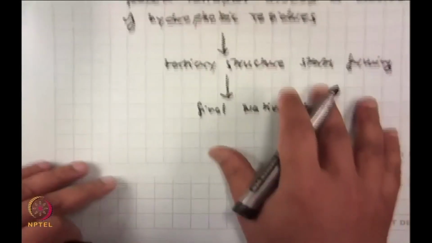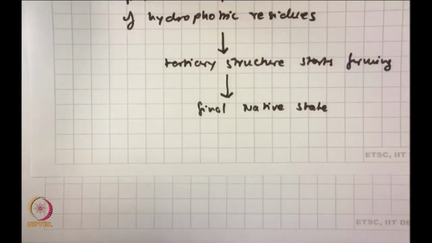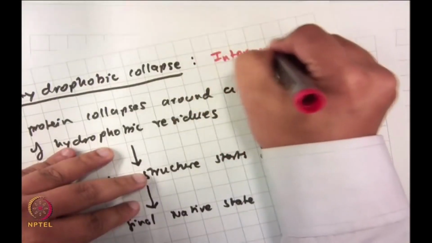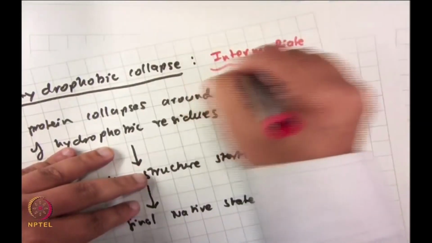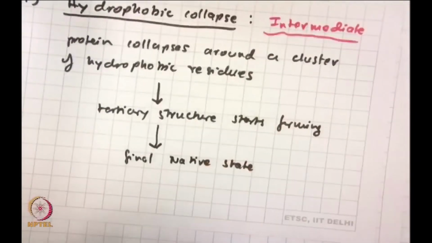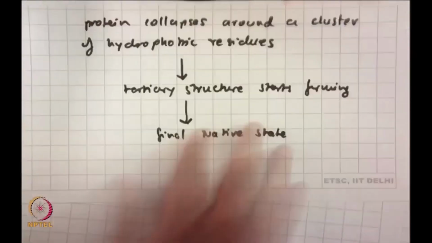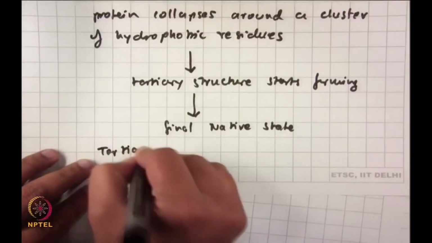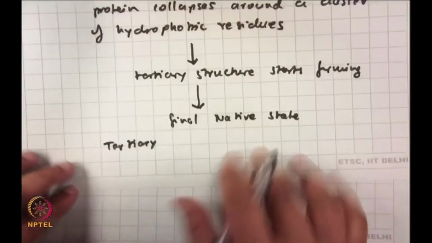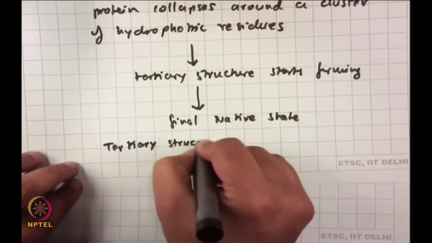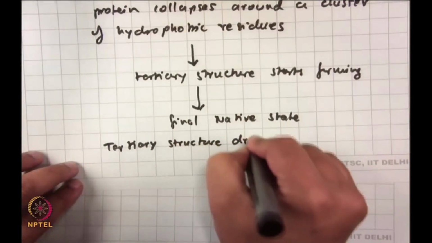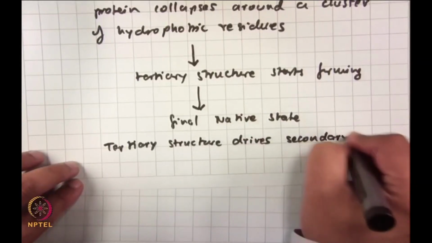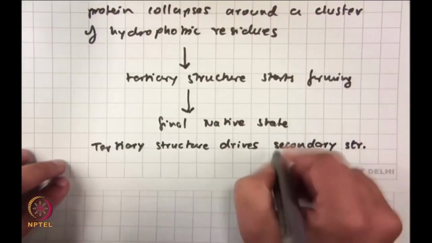So, here obviously then what I can write is, it will go through an intermediate, this is important, and the difference is tertiary structure drives secondary structure formation.